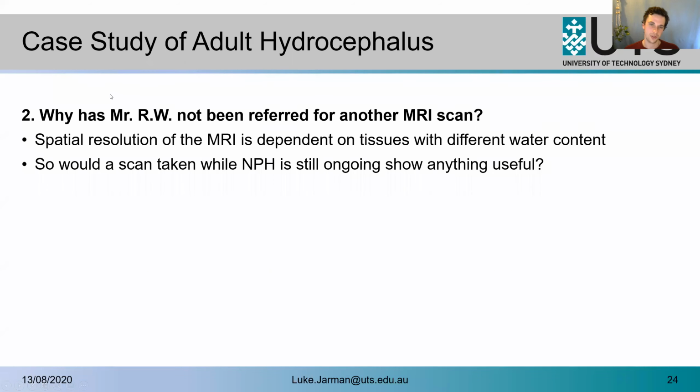Why is Mr. RW not being referred for another MRI scan? I always thought the main reason was because he had a magnetic shunt put in after his first scan. They did the scan, diagnosed him with normal pressure hydrocephalus, and then they put a magnetic shunt in his brain. So I was pretty sure the reason they're not doing another scan is because he'd be put between two giant magnets, which would literally rip that magnet out of his head.